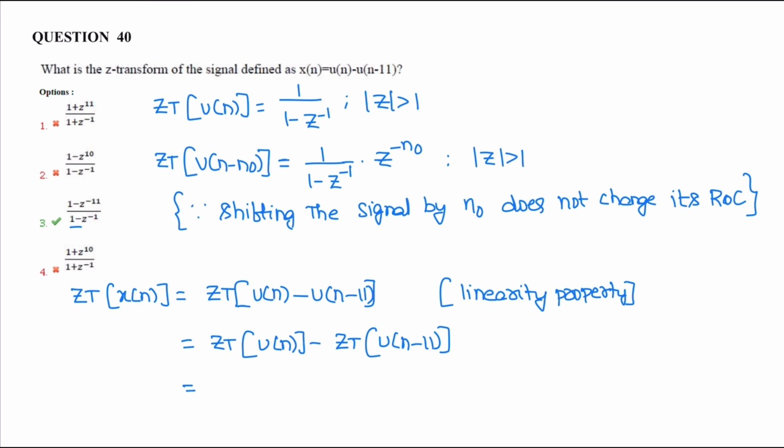We know that the z transform of u of n is 1 by 1 minus z inverse, minus the z transform of u of n minus n naught, which is z power minus 11 by 1 minus z inverse.